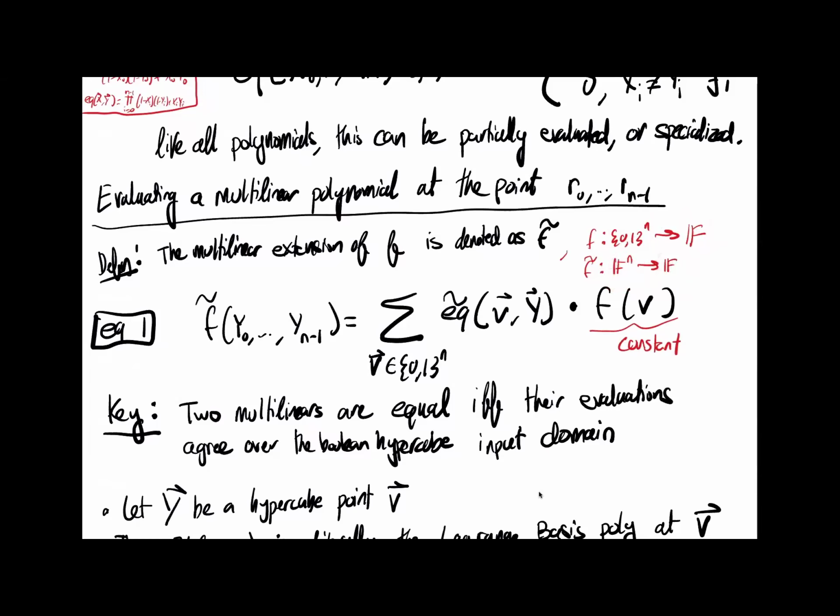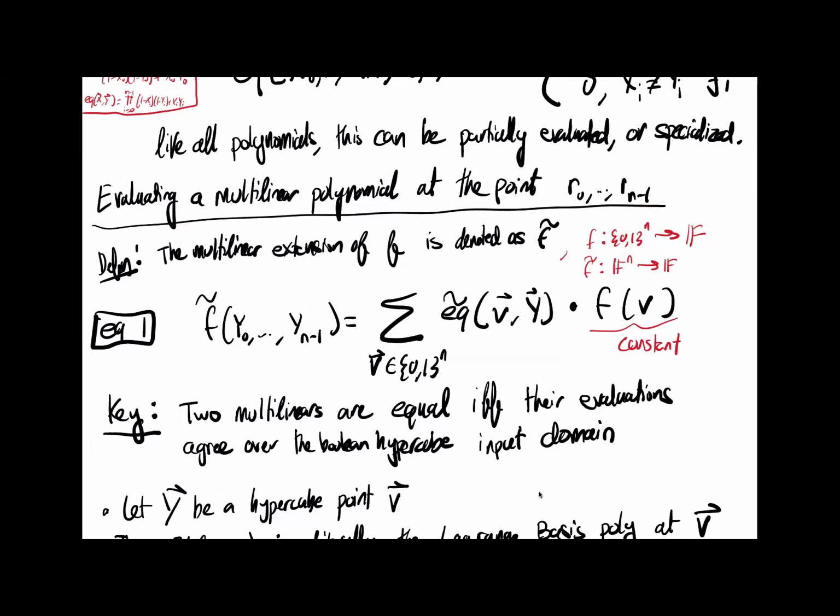Okay. So we said that there's a unique multilinear polynomial that agrees with some given evaluations over the Boolean hypercube. What does that look like?